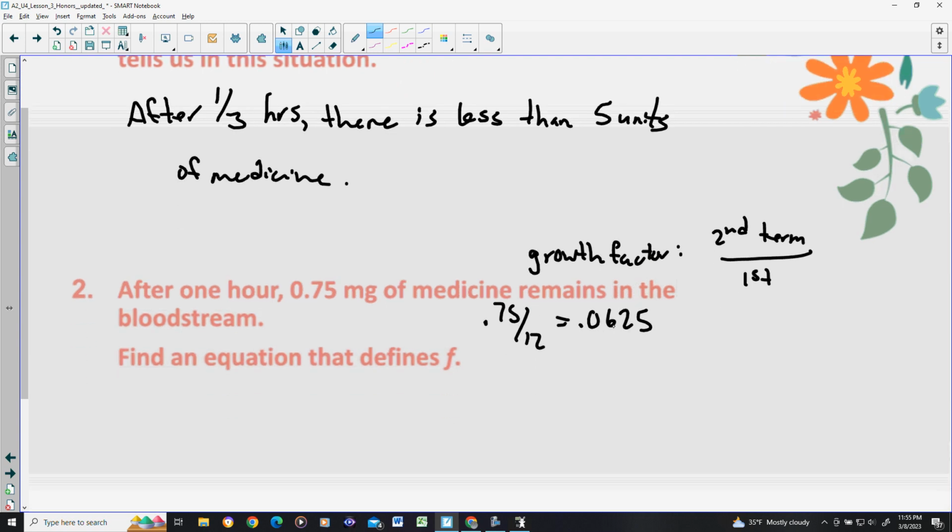And so that's going to be my growth factor. Now this time I'm not going to put a 1 in front of it. Why not? Because the amount of medicine is getting smaller. So I want to make sure that my growth factor is less than 1.